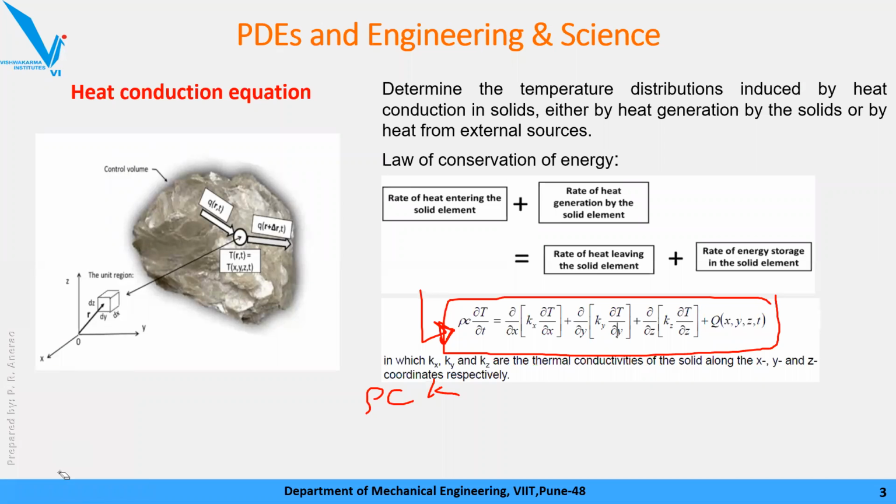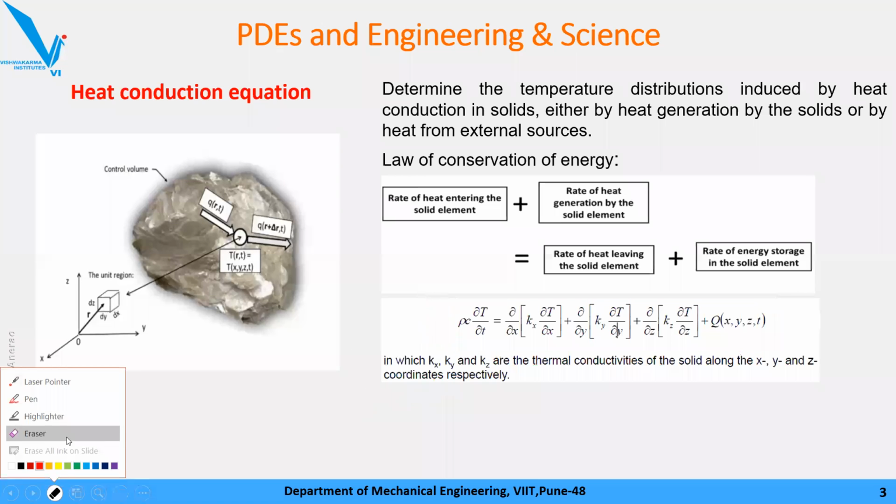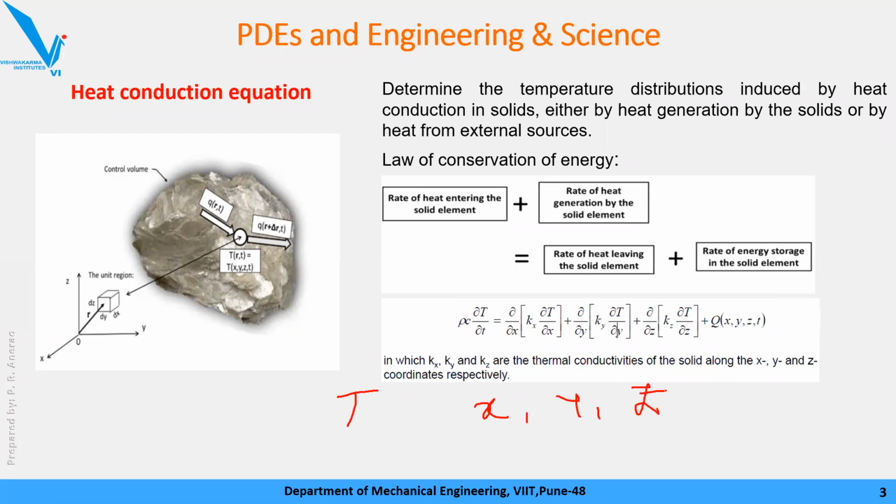So I'll erase these constant parameters. Now look at the variables. आपके variables देखो क्या क्या है. We have x, y, z, and t.